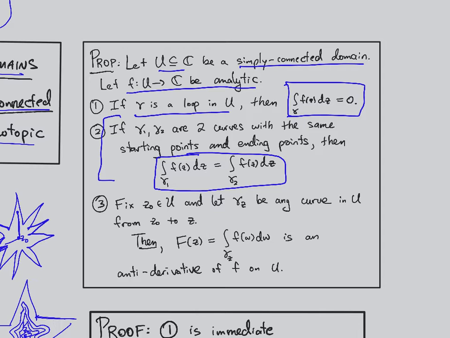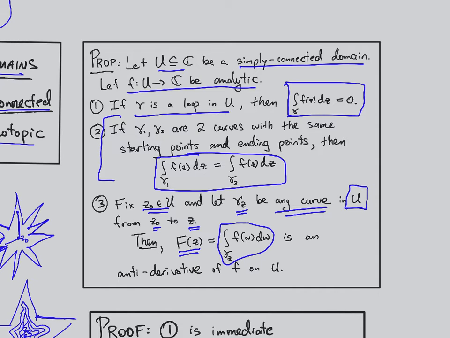It's not too hard. And then the third thing we can point out is that if I fix a z0 inside of U and let gamma sub z be any curve in U from z0 to z, which, since the domain is connected, I can always find, then I can define this function F of z, which is the integral of f over gamma z.